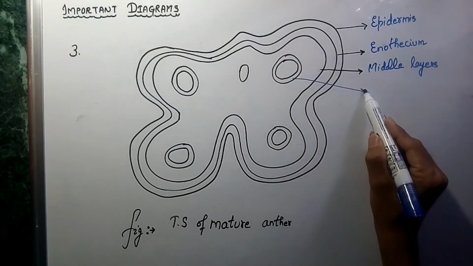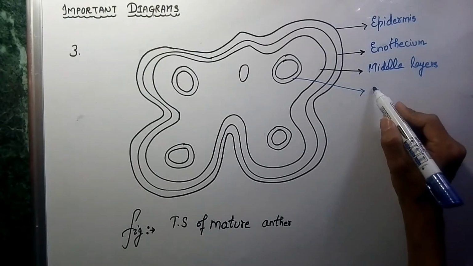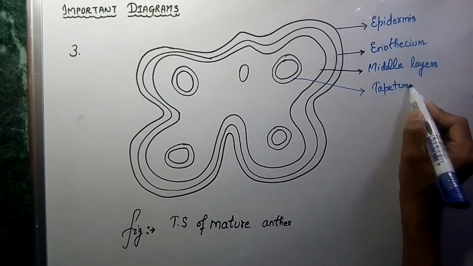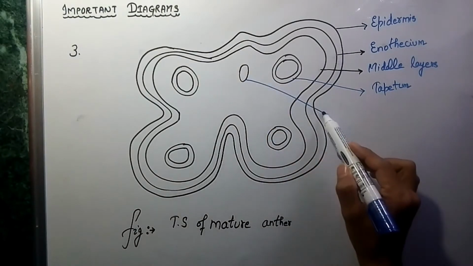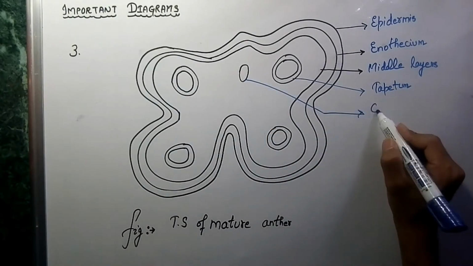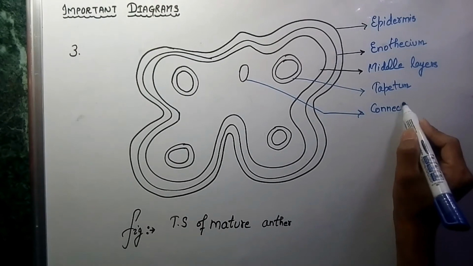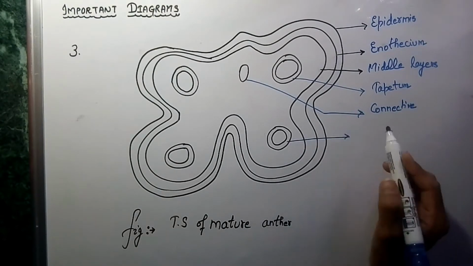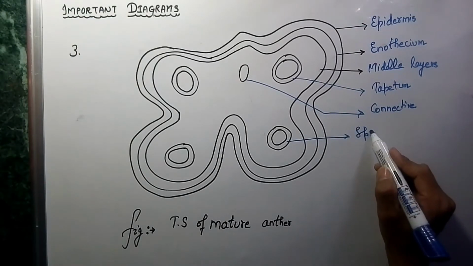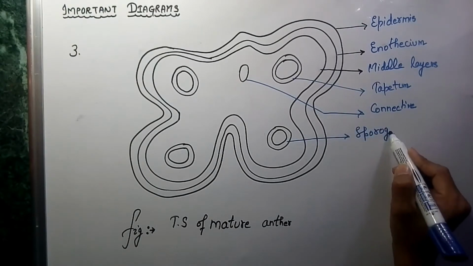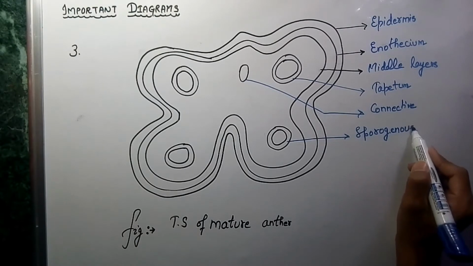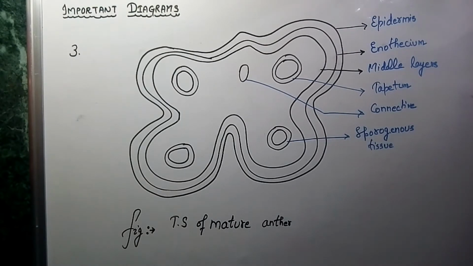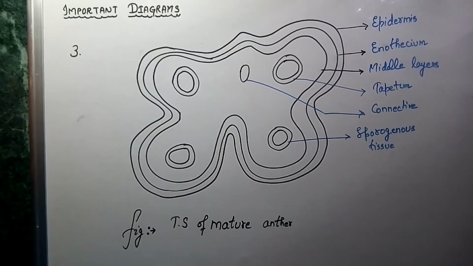This structure is our tapetum. This structure is our connective, whereas the last one is the sporogenous tissue. So this is the TS of a mature anther.